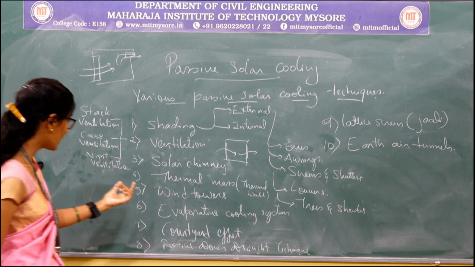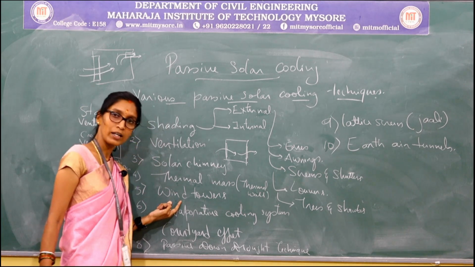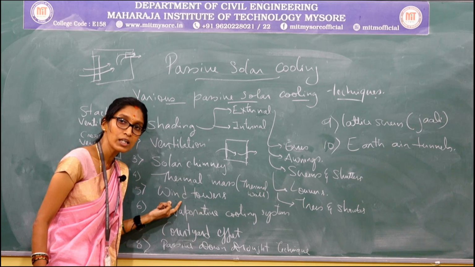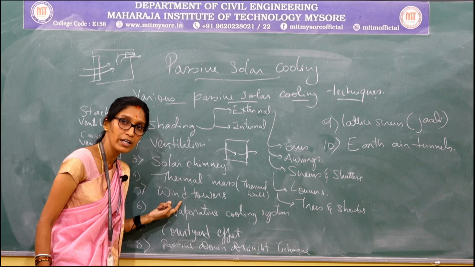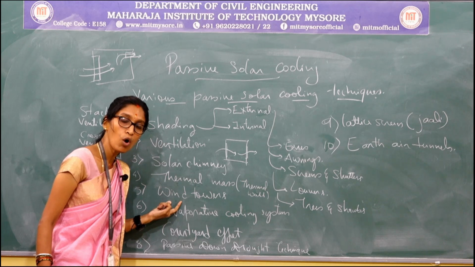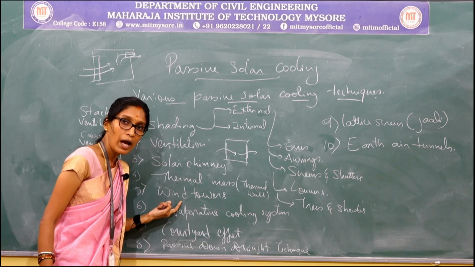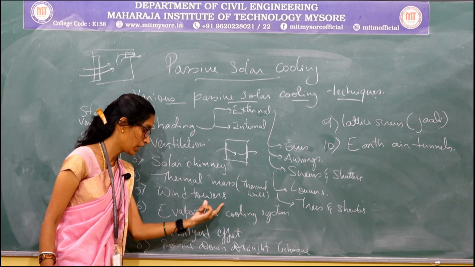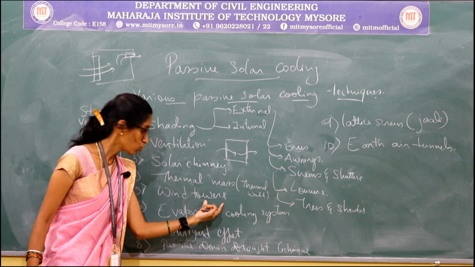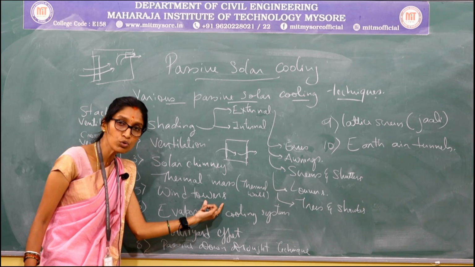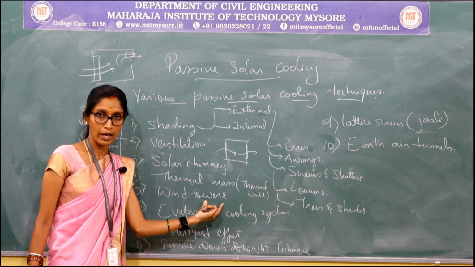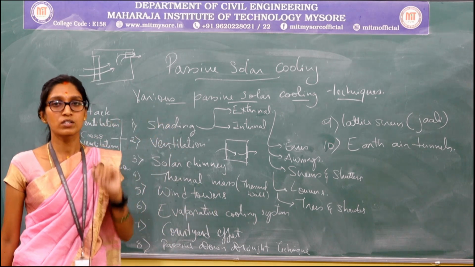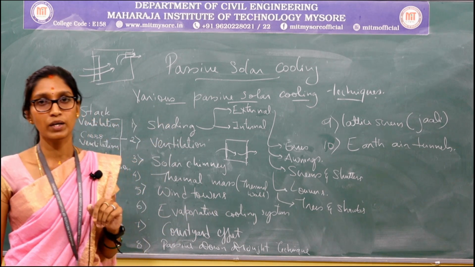The word itself is telling you that the cooling is going to happen due to the movement of the wind, due to the blow of the wind. And where is this wind going to blow? In the towers. So in the towers, due to the movement of air or the wind blow, the cooling of a system is going to take place.